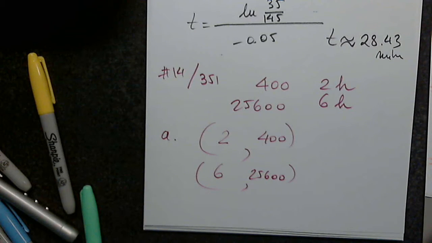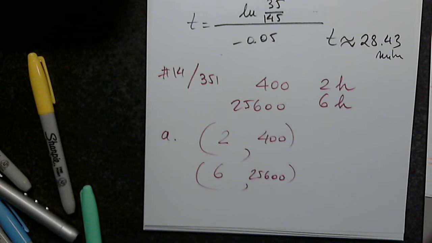The reason why it is so important to identify the ordered pairs is because each ordered pair says something about the model. It says that when I plug in the model what? What am I plugging in the model? 2. The output is? 400.